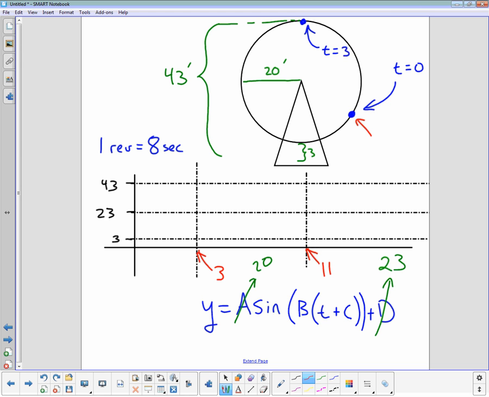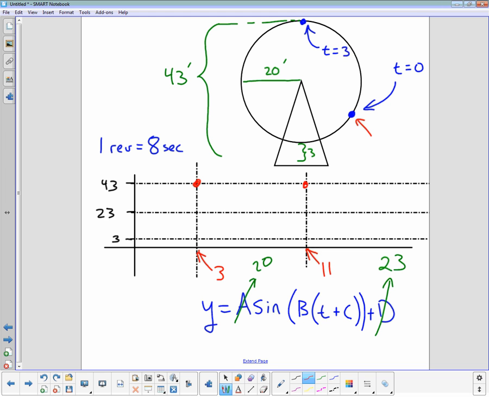At 11, I'm at my maximum height again. And then at 19, I would be at my maximum height again. Then 27, and so on. All right, so at 3, I'm at a maximum. At 11, I'm at a maximum.